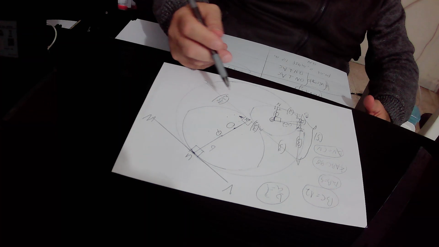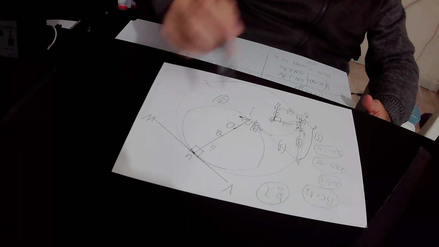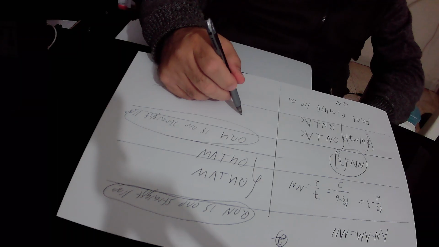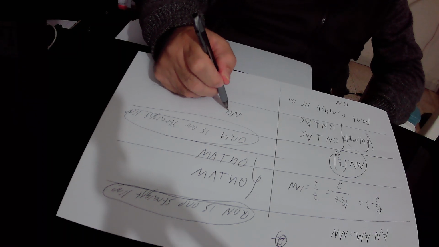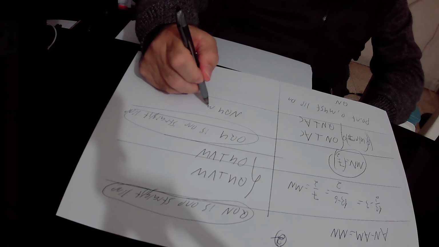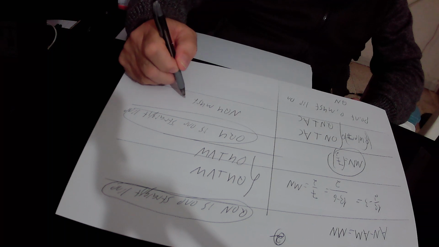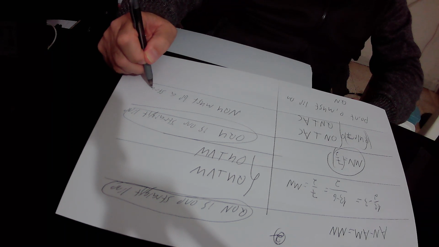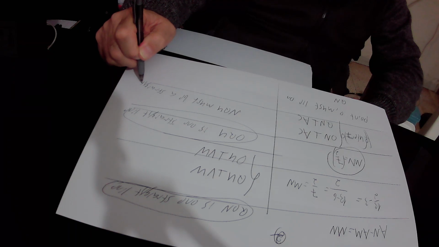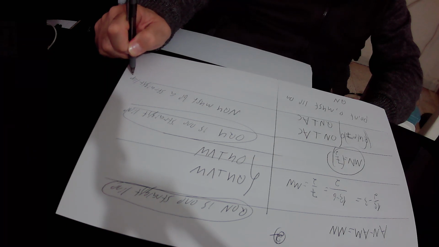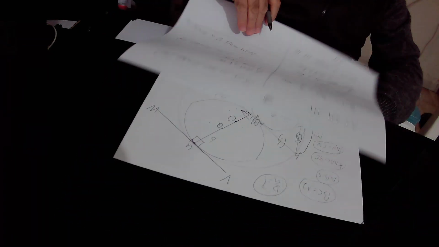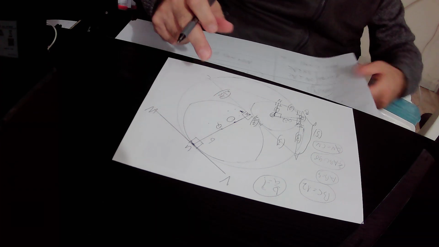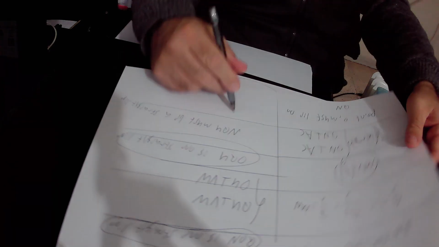Therefore, in total, NQU must also be one straight line. If NQU is a straight line, then NU is also a straight line.